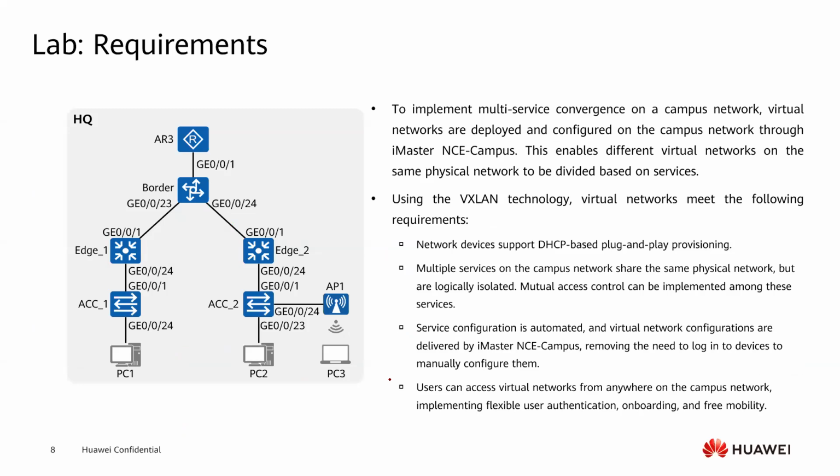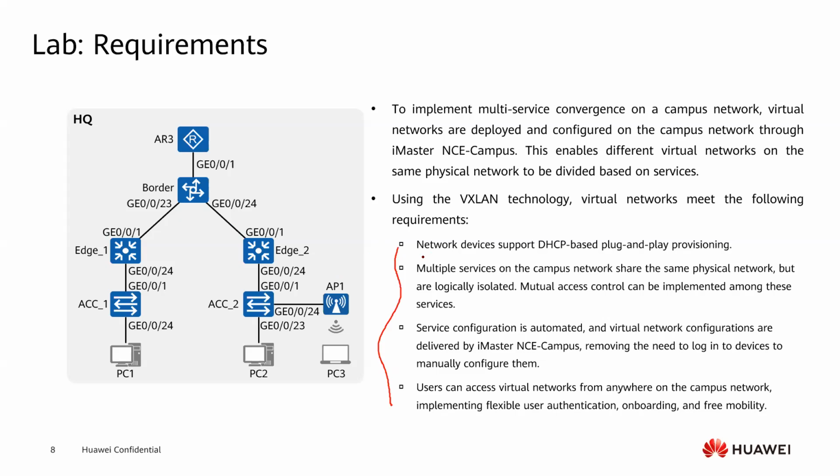For the next part, our experiment, we will use this topology. This is our lab topology. There are five switches with an AR as the external of this network, and we also have an AP to provide the SSID for the wireless users to access our network. For this experiment, there are a number of requirements.